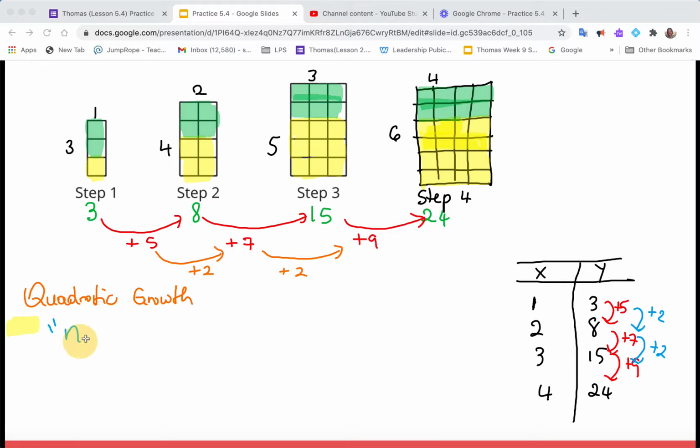My yellow portion is a square n times n, and my green portion is a row of 2 sets of squares, so that is actually 2 times n. So if I were to draw step n in this pattern, this is what my step n would look like.